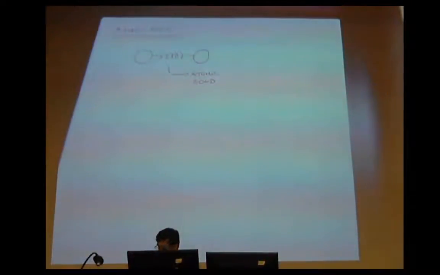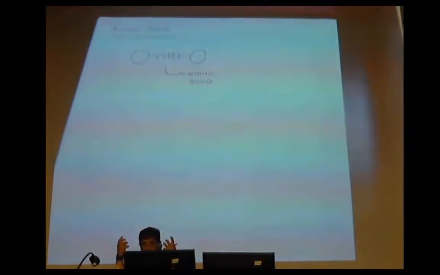Last week we said that if we are to change the shape of an object, essentially what we do is change the length of this atomic bond, for which we need to invest energy in changing that bond. So this bond is a force, the interatomic forces that keep them where they are. If we want that to be altered, those forces have to be altered somehow.